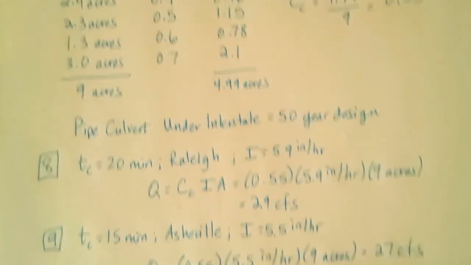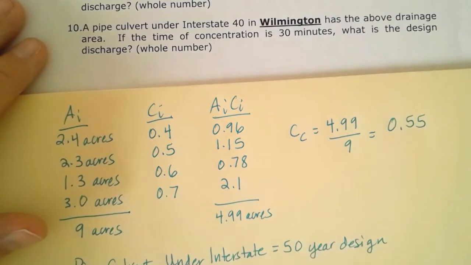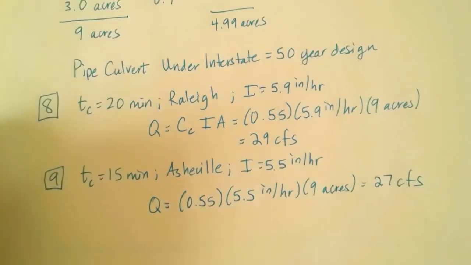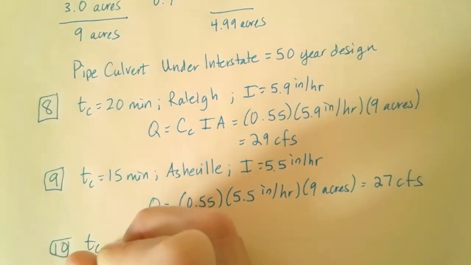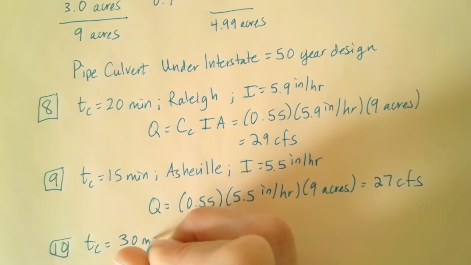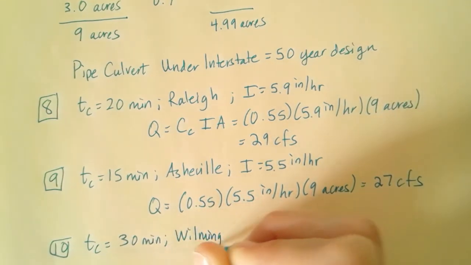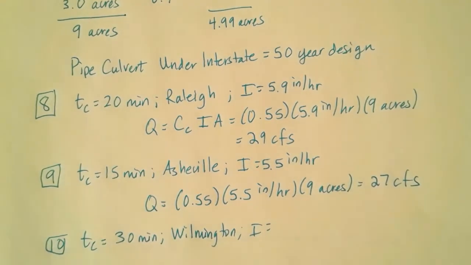And now my last one is, remember, Wilmington, and that time of concentration is 30 minutes. Same situation, pipe culvert under the interstate, same runoff coefficients. So time of concentration 30 minutes, and we're in Wilmington. So let's find that intensity again from the IDF chart for Wilmington.